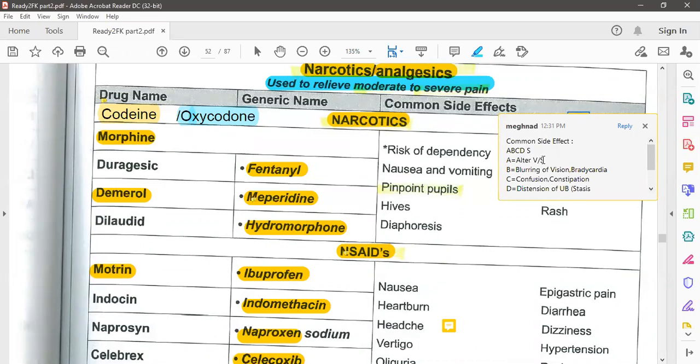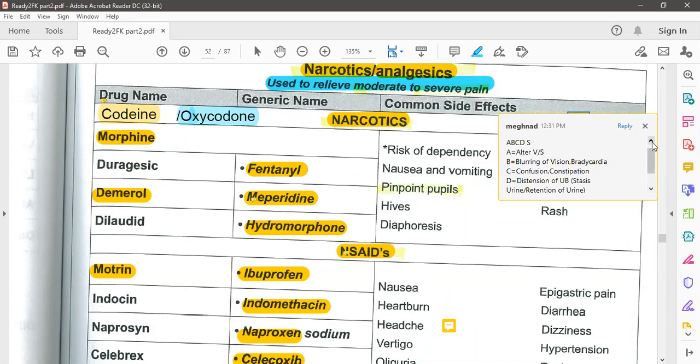And all of them have a strong addiction risk that may occur with long-term use. So they can cause blurring of vision, bradycardia, confusion, or constipation. Also, distension of the urinary bladder, or you call it urinary retention.